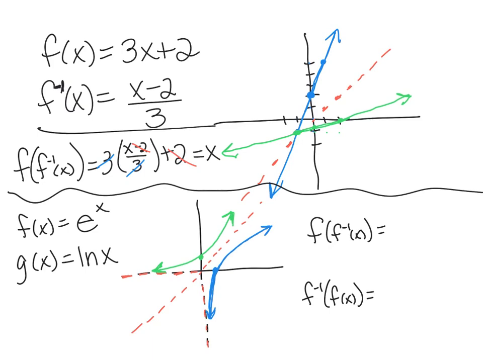Now, that's a clue for what you have to do when you're finding an inverse function. The x and y's trade places, okay? So that's going to be your process. You have to recognize that f of x is just y. And if y equals 3x plus 2, then I'm going to change the x and the y around.